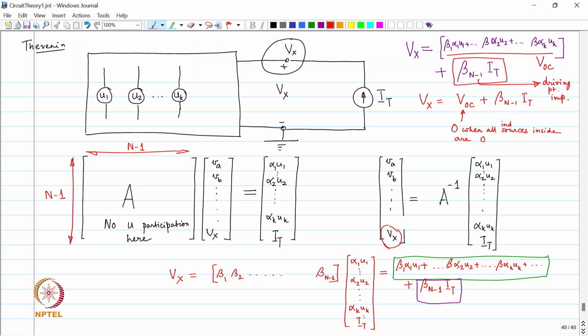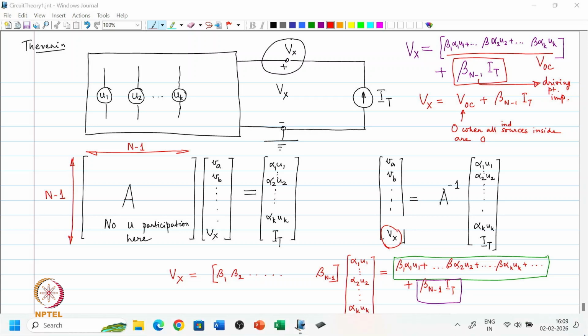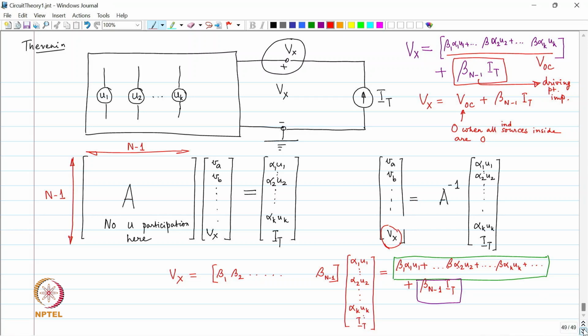Fine. Okay. Let us now see what Thevenin wants us to do. Thevenin says, let us make VOC over here and let us make this driving point impedance ZT.